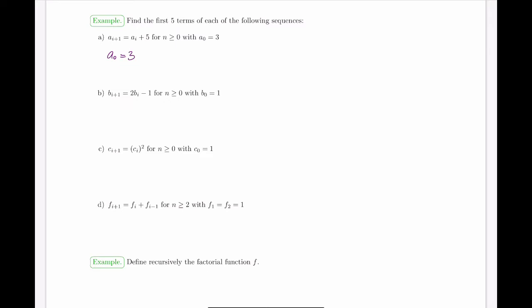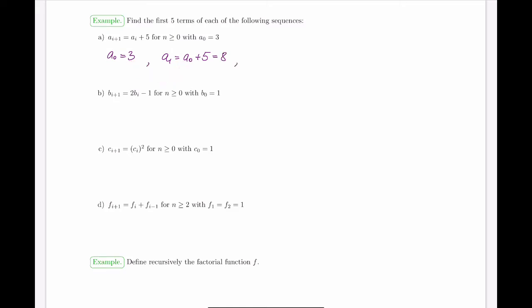That means that for A1, I'm going to apply the recursion, plugging in I equals 0. On the left, I'm going to have A sub 1, and on the right, I'm going to have A0 plus 5. So let's write that down, A0 plus 5. And of course, A0 is equal to 3, so 3 plus 5 is equal to 8.